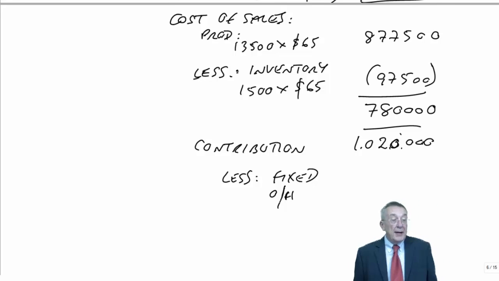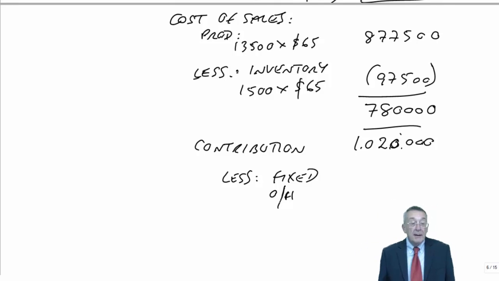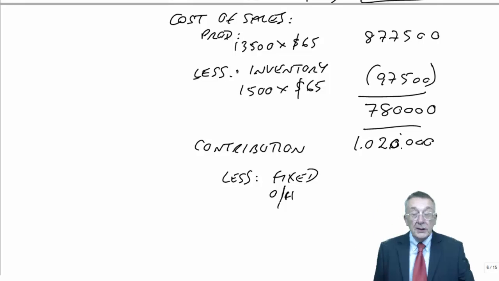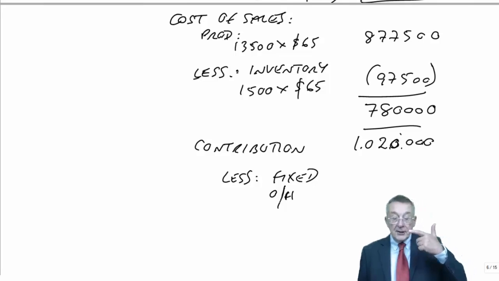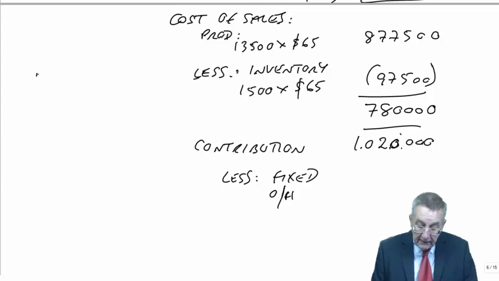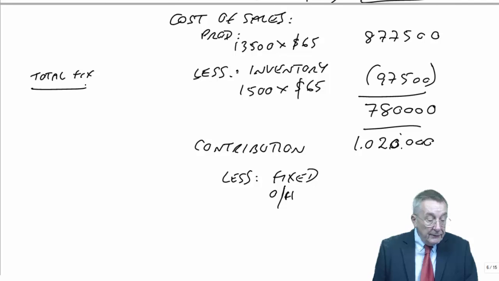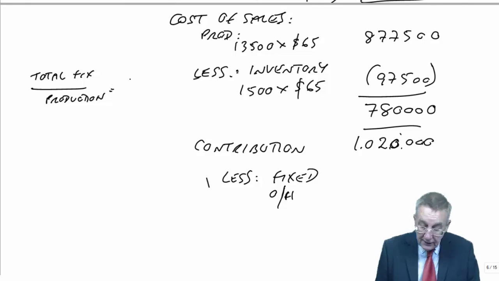And how much were we expecting fixed overheads to be? We're going to have to work backwards. In the question, they'd been absorbed. But remember, to get the absorption rate, they'll have taken the total fixed overheads and divided by the production to get the $30.